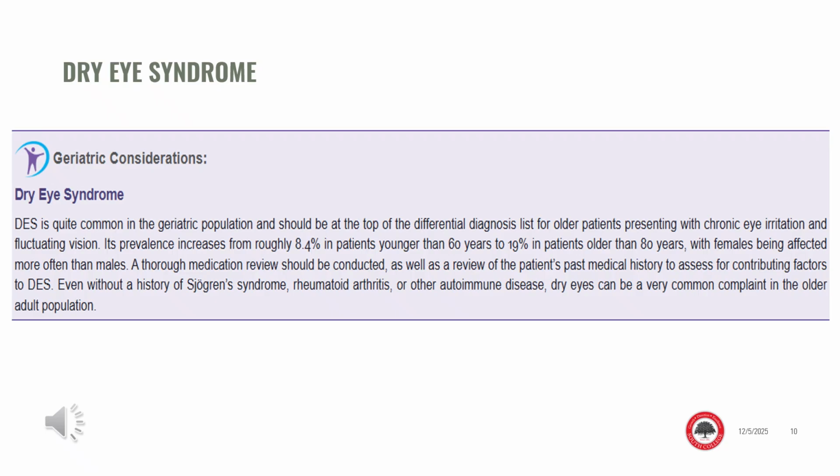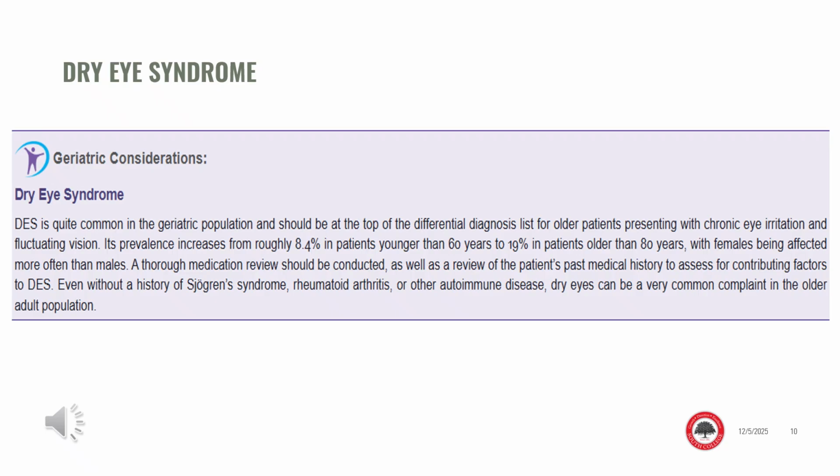The triad presentation of burning, itching, and a foreign body sensation in the eye is characteristic of dry eye syndrome. This symptom is frequently associated with the diagnosis of Sjogren's syndrome, which is a systemic disorder affecting the function of all secretory glands. In the vast majority of patients, dry eye syndrome is not vision threatening.